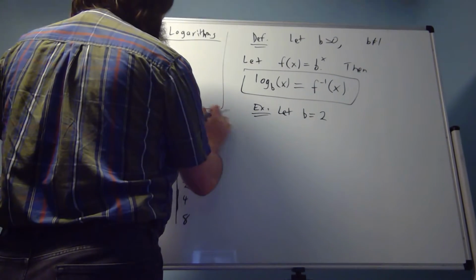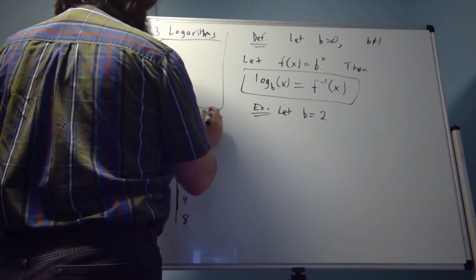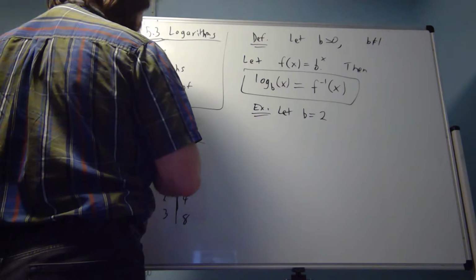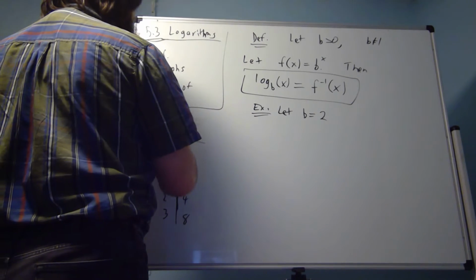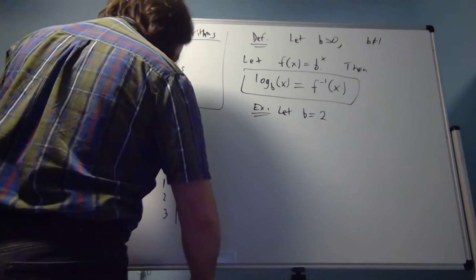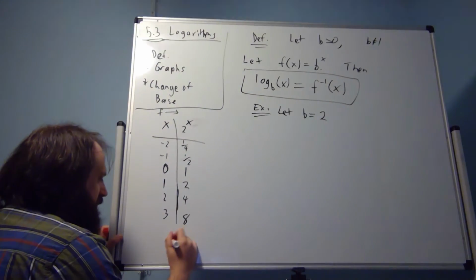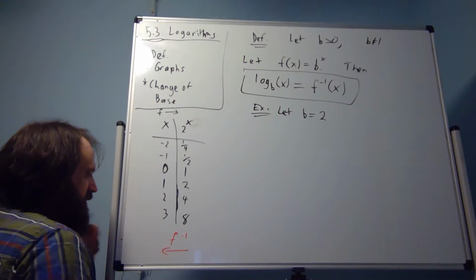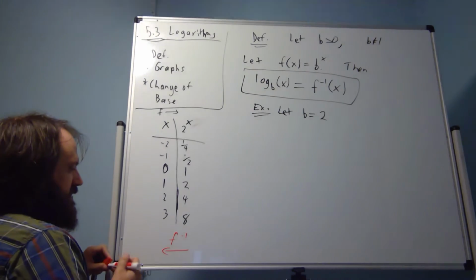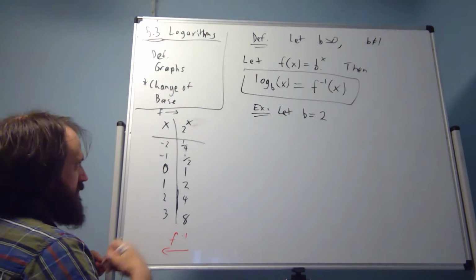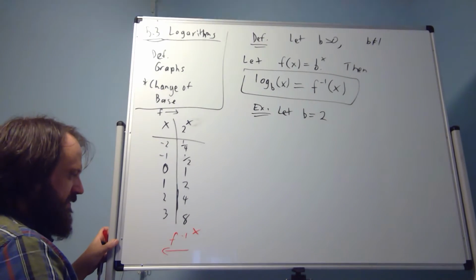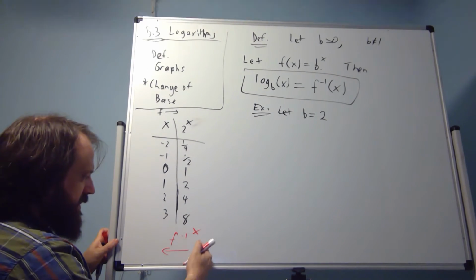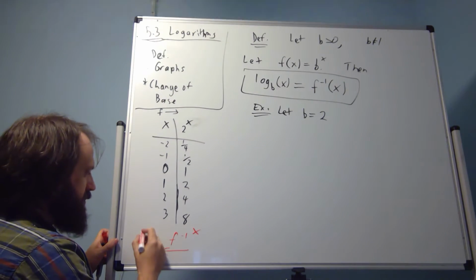So the whole point is that you have a function f that goes this direction. f inverse would do the opposite. So f inverse would be a function that takes these inputs and gives you these outputs. From the perspective of the function f inverse, these are the x values, those are the inputs, and these are the outputs.